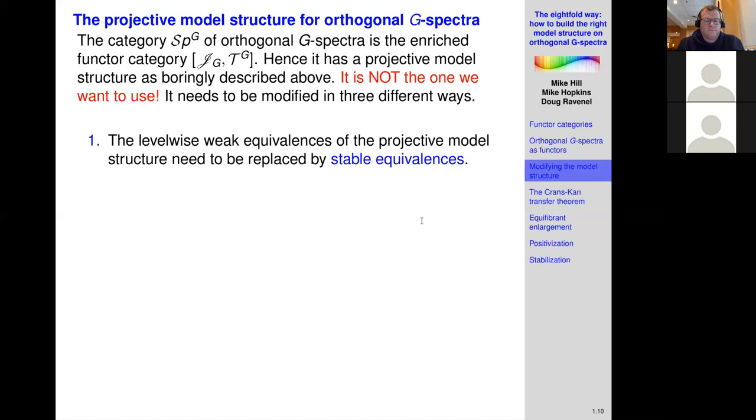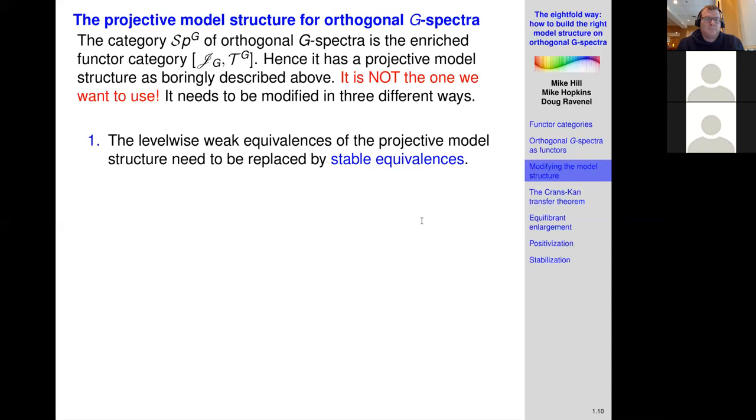First, we know from experience as stable homotopy theorists that the notion of weak equivalence that I've defined is too rigid. We don't want to say a map between spectra is a weak equivalence only if it induces a weak equivalence in every space in the spectrum. That's too inflexible for us.